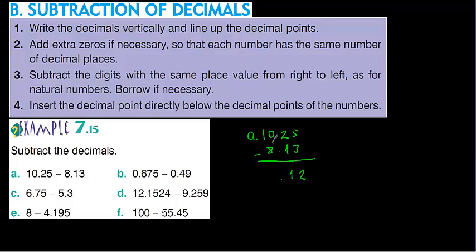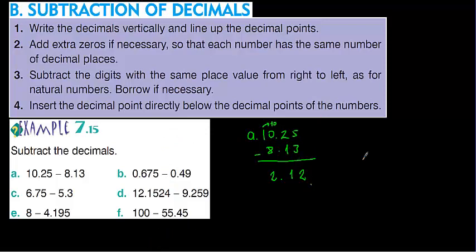From 0 we cannot subtract, so we borrow 1 and it becomes 10. 10 minus 8 is equal to 2, and here we have 1, and this becomes 0. We should write 0 here, but 0 is not written in front of the number. That's why we leave it like 2.12, and this is the answer of the question.